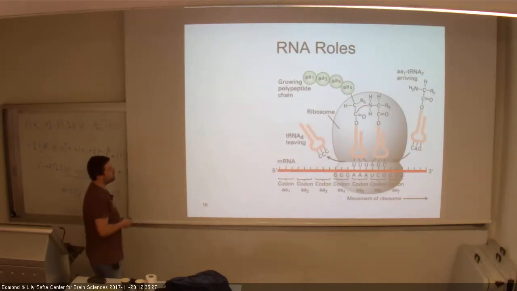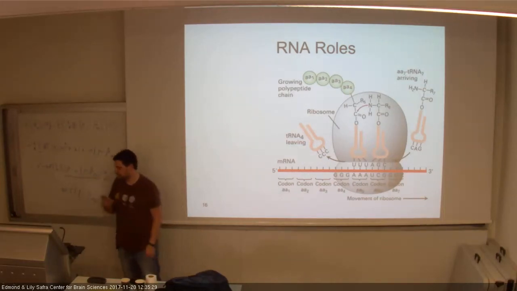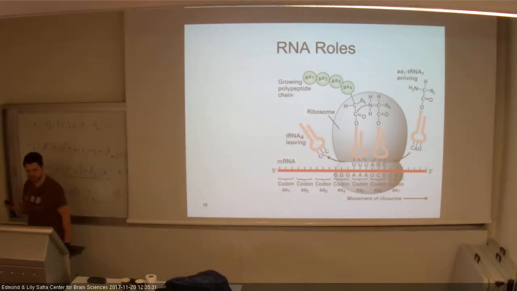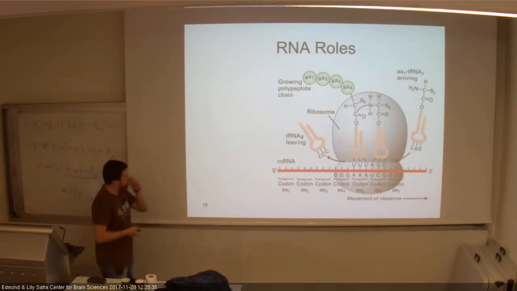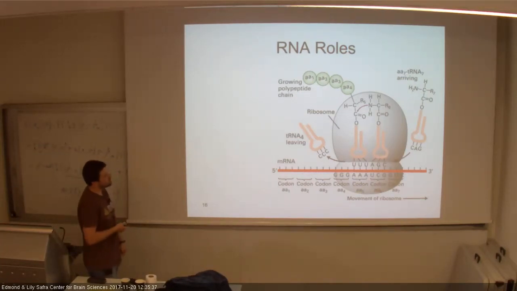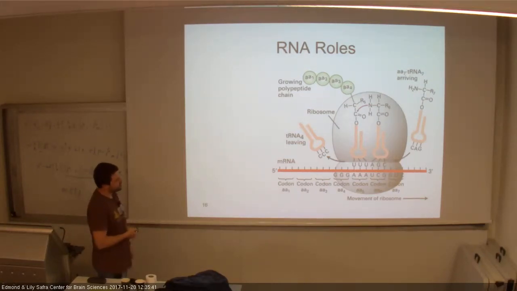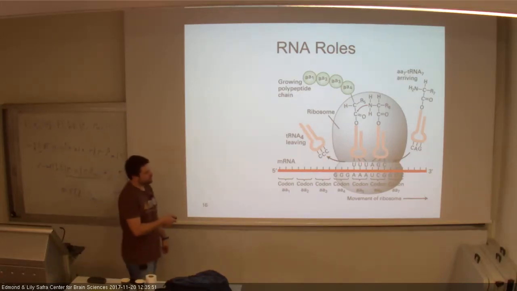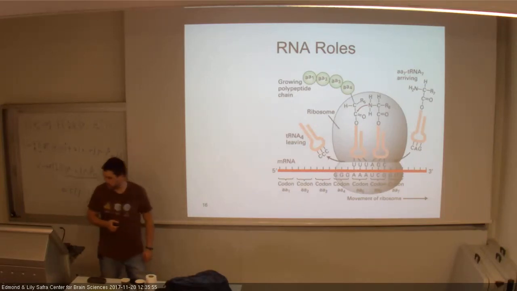So then we move on to one of the most common roles of RNA, which is actually inside the ribosome, to make proteins. This process, which is called translation, is the translation of the code on the mRNA by the tRNAs that know how to bind to specific triplets of letters on the mRNA molecule, and know how to bind specific amino acids.